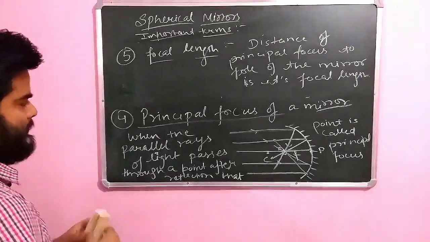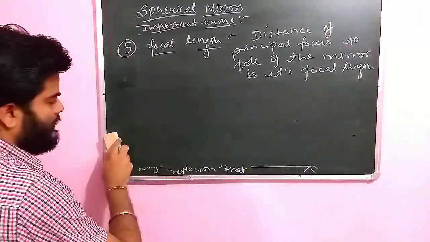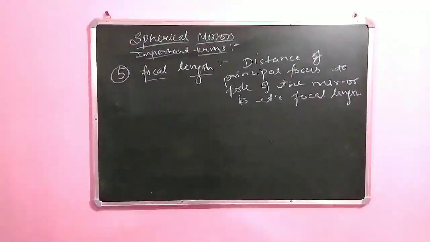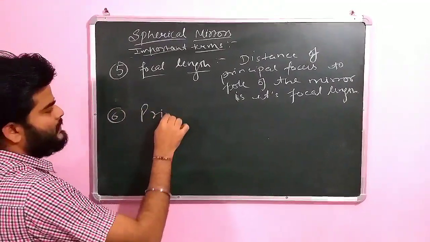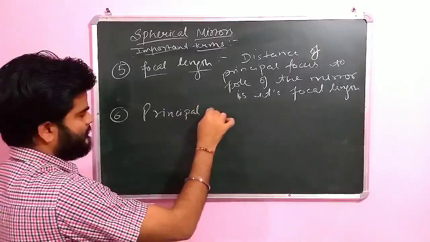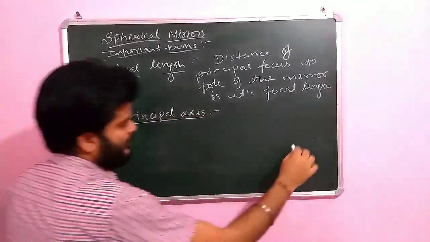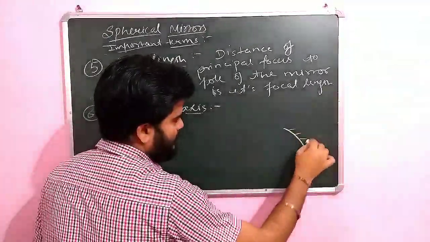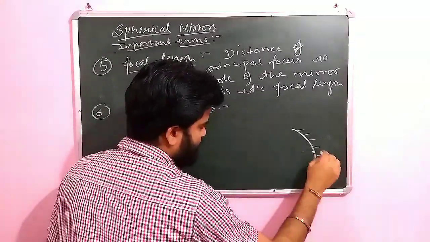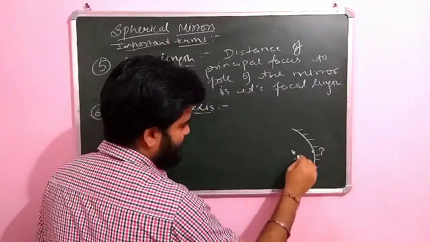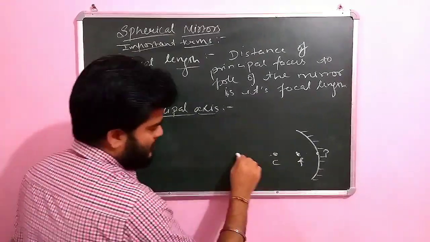Now I think the last term is principal axis. If this is a mirror, this is pole, this is principal focus, this is center of curvature.